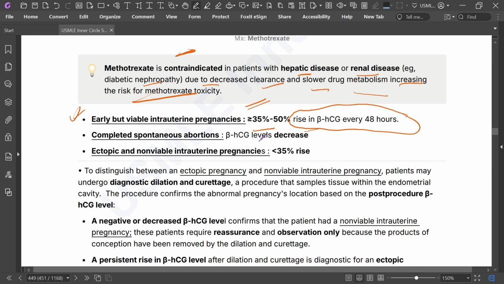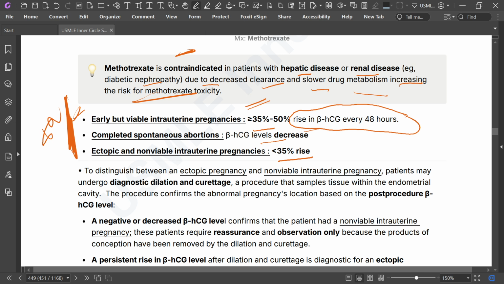In incomplete spontaneous abortion, beta hCG will decrease. In ectopic and non-viable intrauterine pregnancy, there is less than 35% rise. So these three are very high-yield things you need to remember, the beta hCG levels.